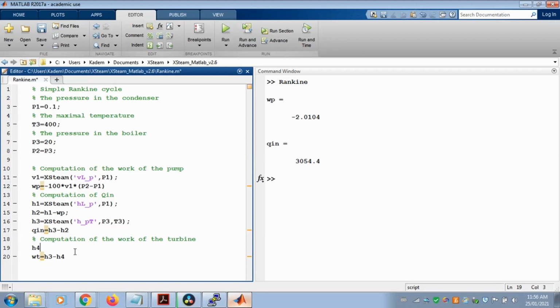So basically what we are writing is that H4 is equal to H at 10 kilopascal and S4 equal to S3. Okay, so we'll work a bit backwards.